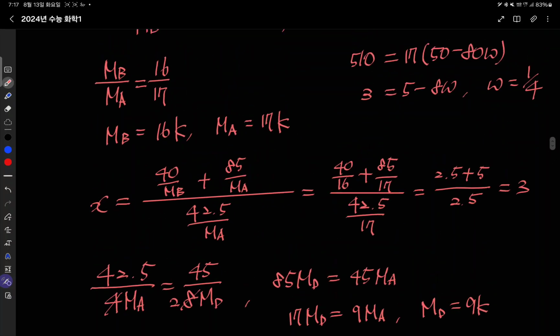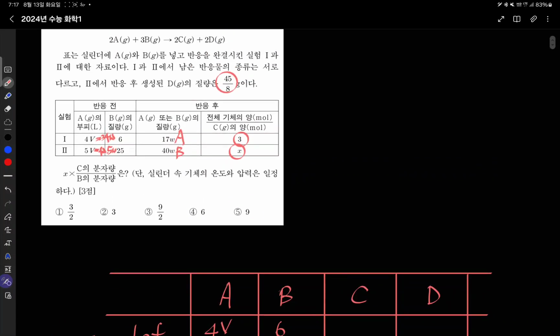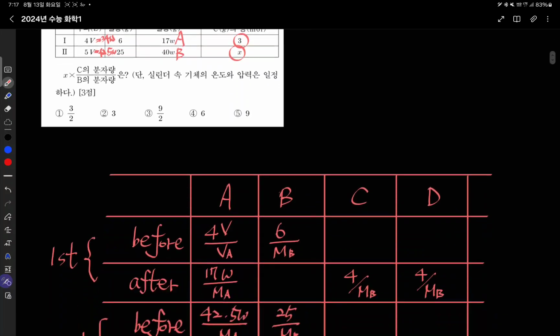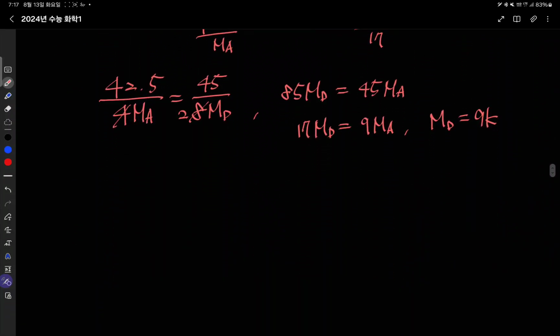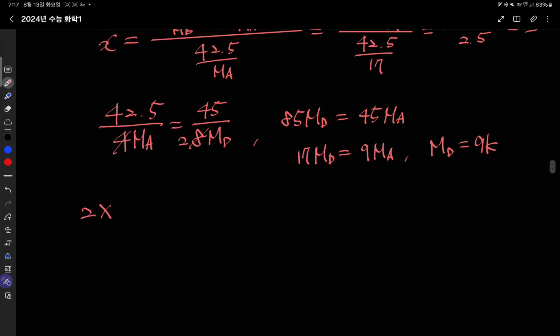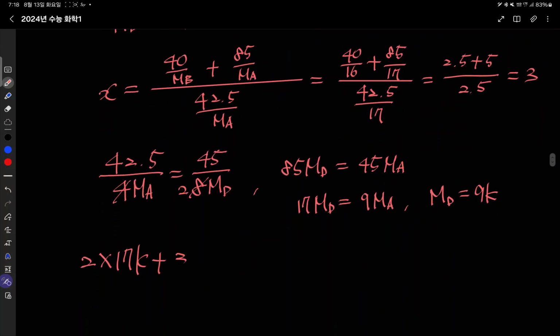And to find the molecular weight of C, we can use the chemical formula because mass is conserved before and after the reaction. The mass before the reaction is 2 times the molecular weight of A, which is 17K, and for B, 3 times 16K. That's equal to the mass after the reaction.